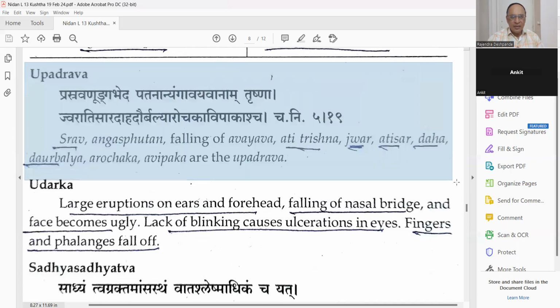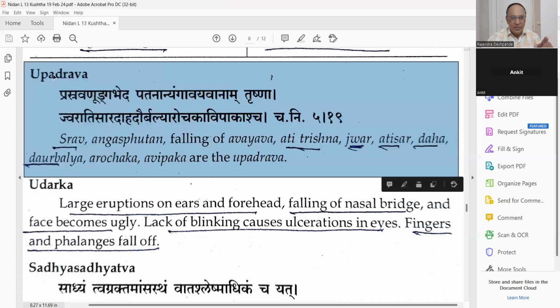There are two separate words, Upadrava and Udarka. Don't get confused, my dear friends. In Roganidan subject, in the oral, they will ask you, what is Upadrava and what is Udarka? Can you write down? Upadrava is equal to complications. Udarka is equal to sequelae.